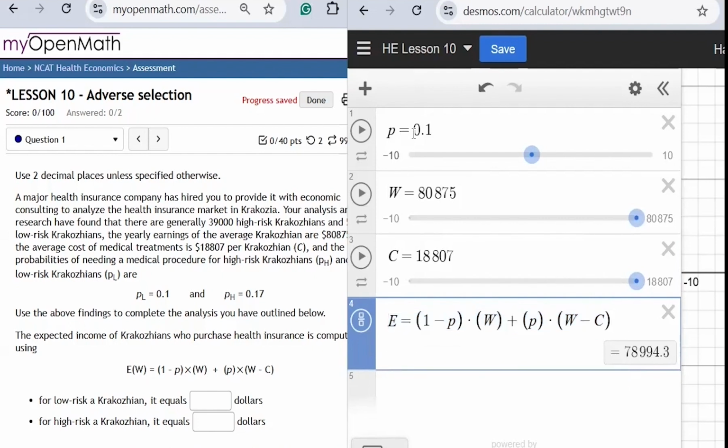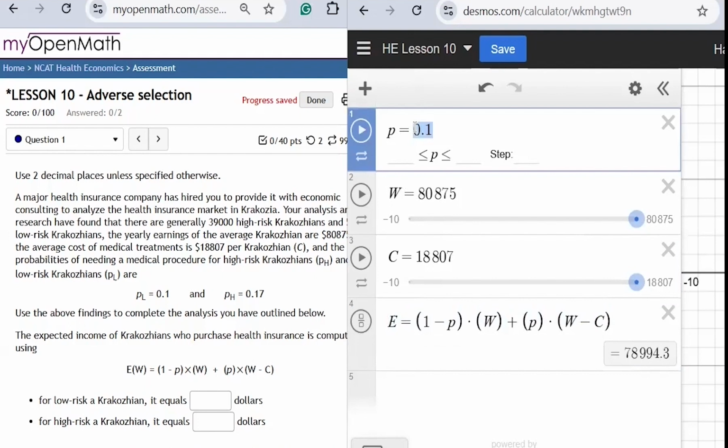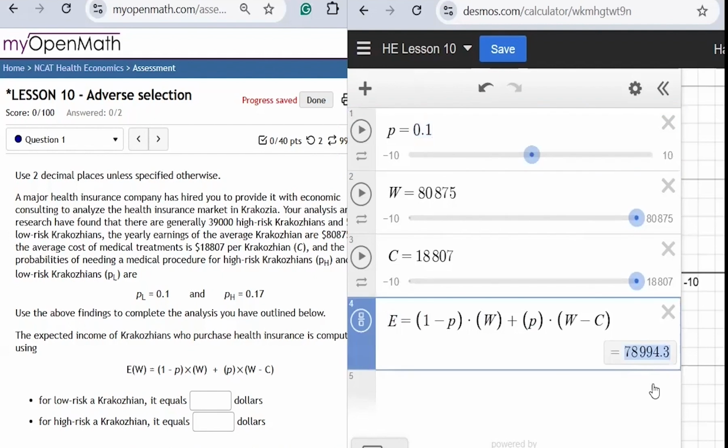It automatically substitutes these values into this formula and gives me what it equals. When the probability of a low risk Caucasian needing the medical procedure is 10%, the expected income of a low risk Caucasian is equal to that amount.